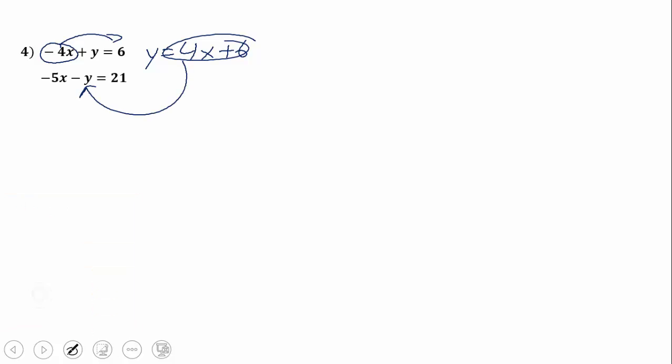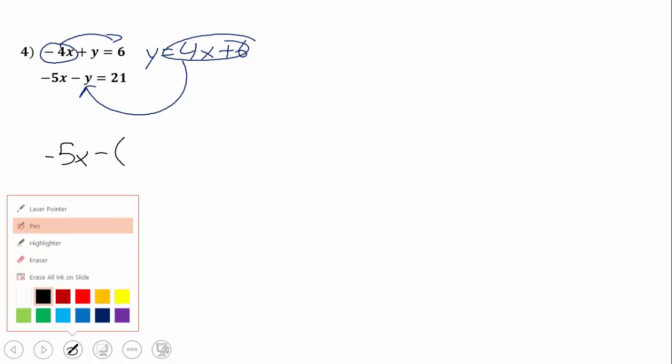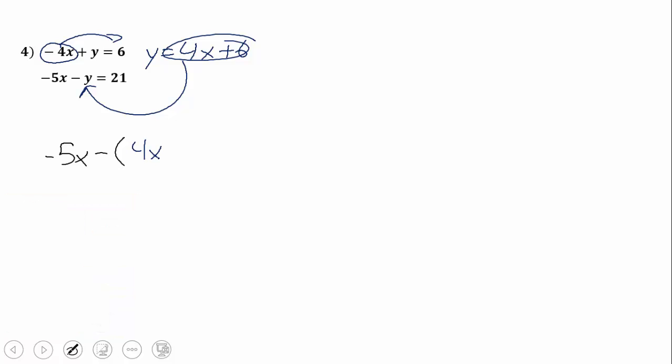And then what would I have? I would have negative 5x minus my parentheses. I'm going to put in there 4x plus 6. And then I would say that that is equal to 21. Distributive property would be a negative 5x minus 4x minus 6 equals 21.